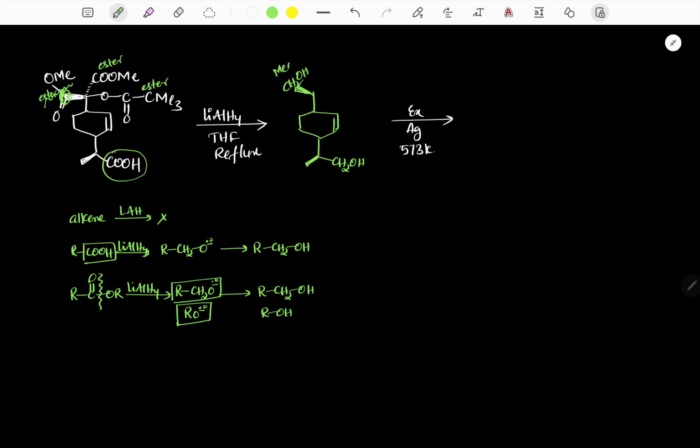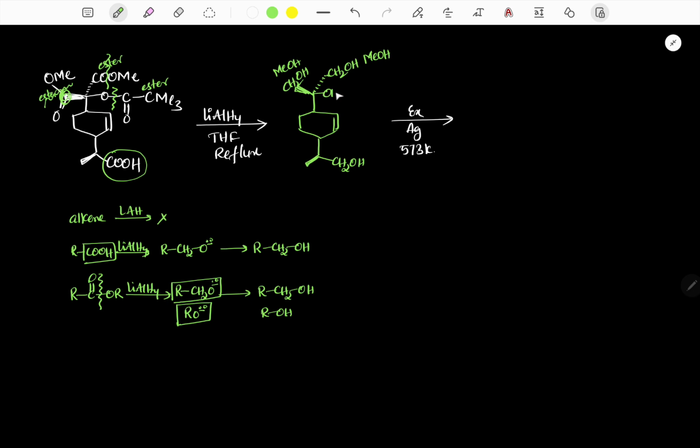Now here below the plane, this also undergoes reduction, therefore this carbon is reduced to CH2O minus, acidification gives CH2OH, and methanol.